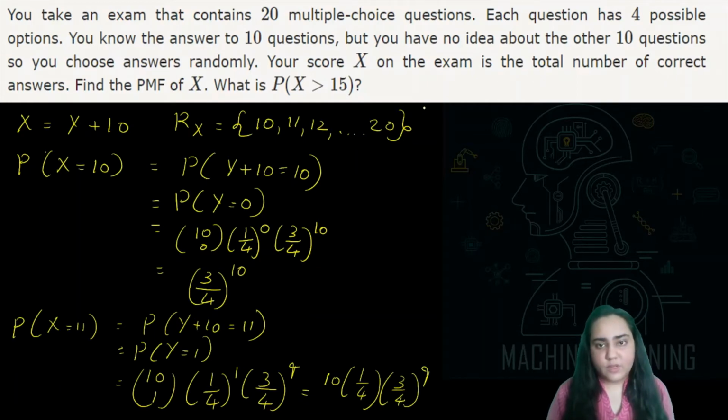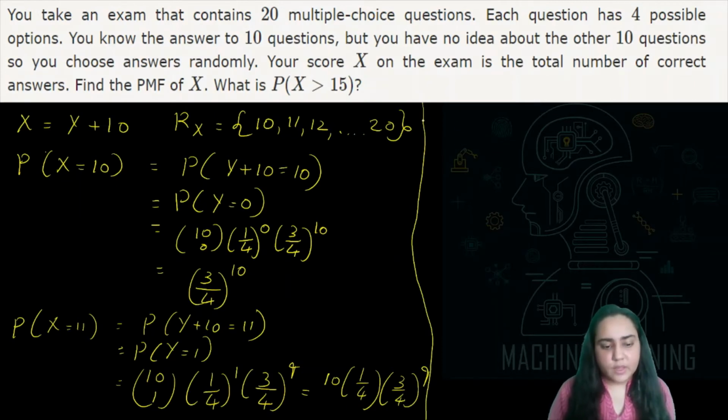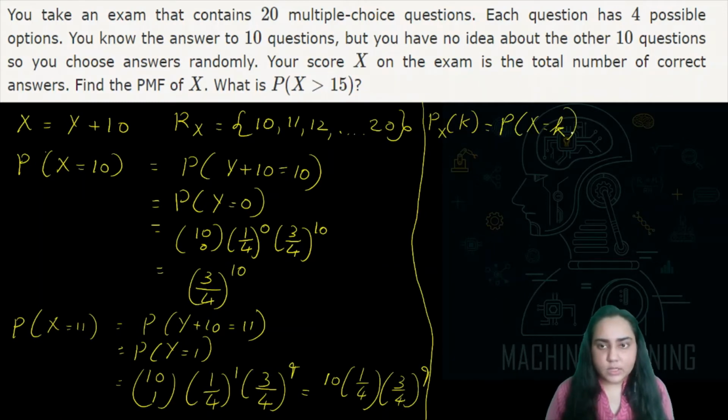I'm just going to draw a line here because I want this data as well. So you can say that Px of any value k is going to be equal to P of x equal to k, and this is equal to P of y plus 10 equal to k, right? And then you can further modify this as P of y equal to k minus 10. So what you're doing is replacing y with k minus 10.